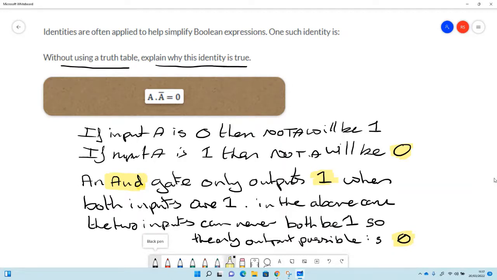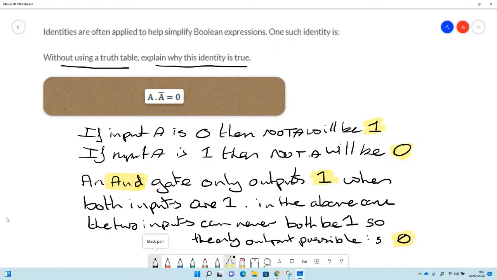If you'd have said something like not A is always the opposite of A, you won't get any marks for saying that unless you clarify it by saying this idea of if A is 1, then not A will be 0.